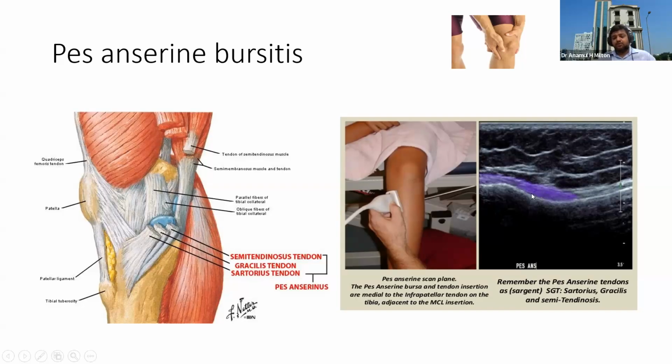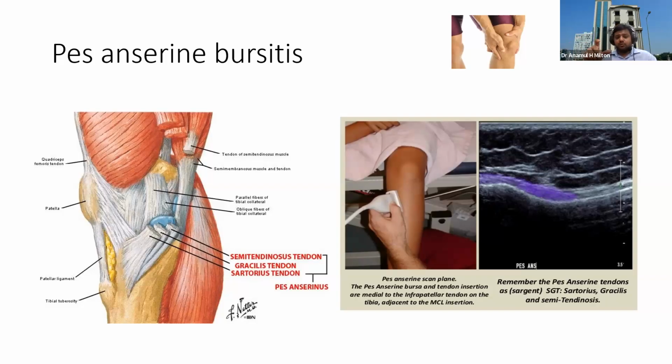At the bony plateau, there is another very important fibrous ligament inserted here, the oblique fiber of the tibial collateral ligament, that means the medial collateral ligament. There are two fibers, and one is the oblique fiber.